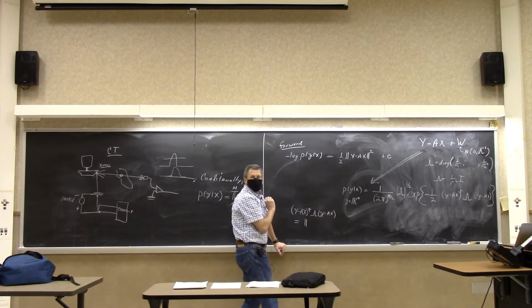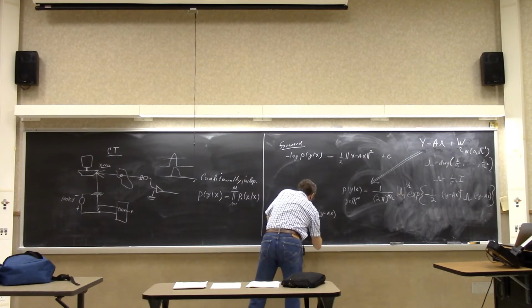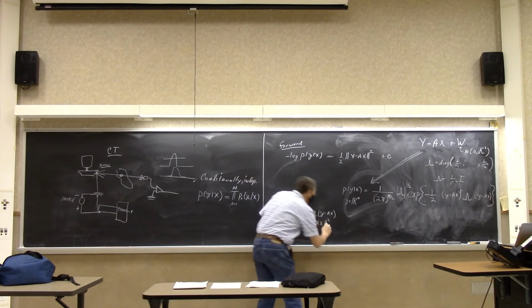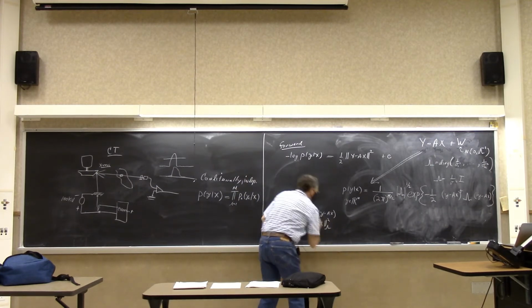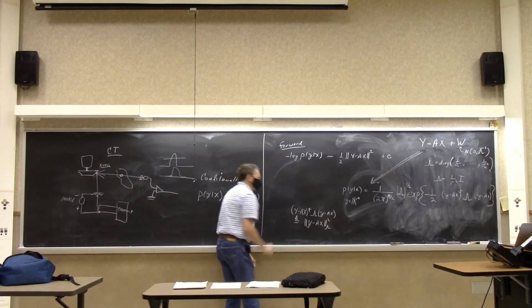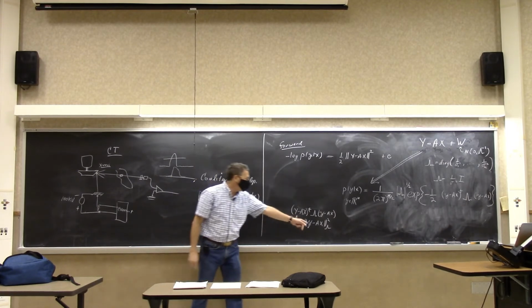I use a norm: the norm squared of y minus Ax, subscripted by lambda. That's definitionally true. That's just the meaning of this notation.